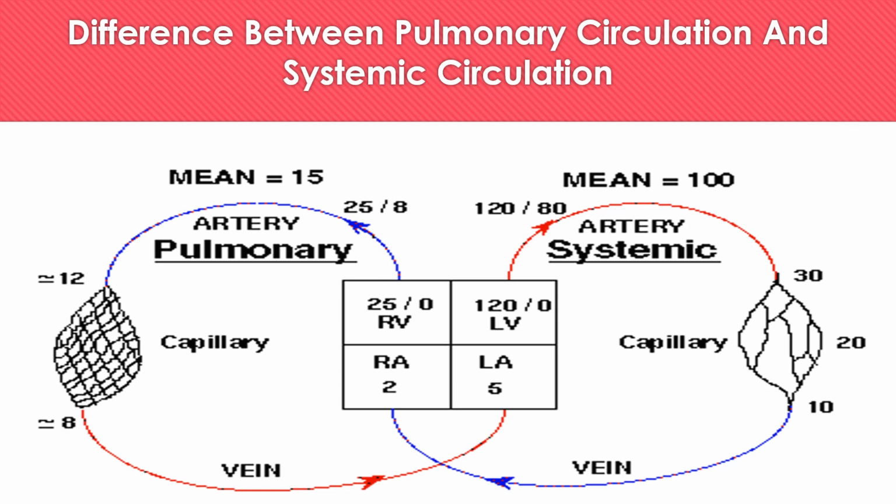The mean arterial pressure is 15 millimeter of mercury, whereas in the systemic circulation, you can see that the systolic pressure is 120 millimeter of mercury, diastolic pressure is 80 millimeter of mercury, so the mean arterial pressure is 100 millimeter of mercury.